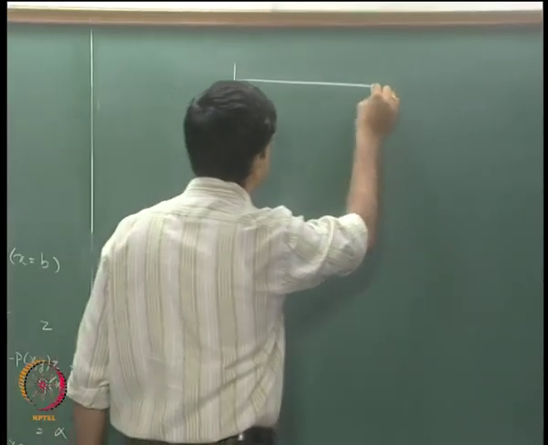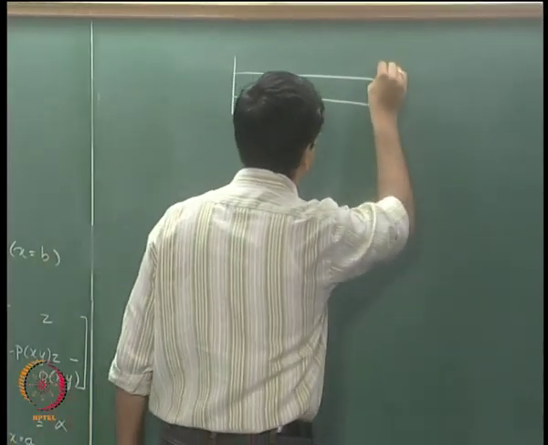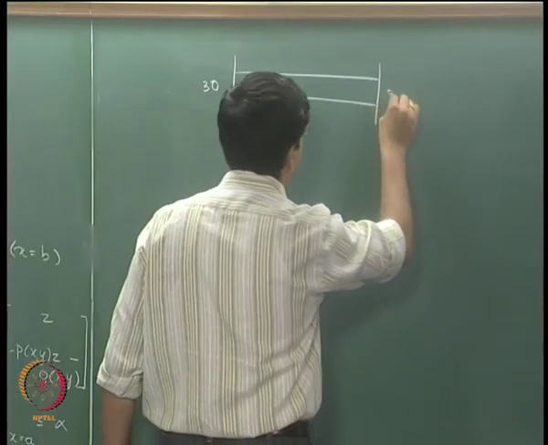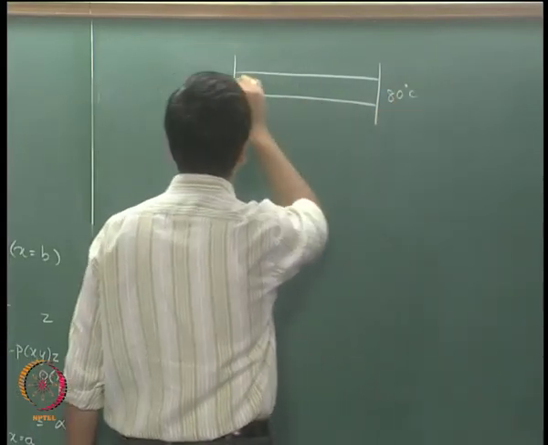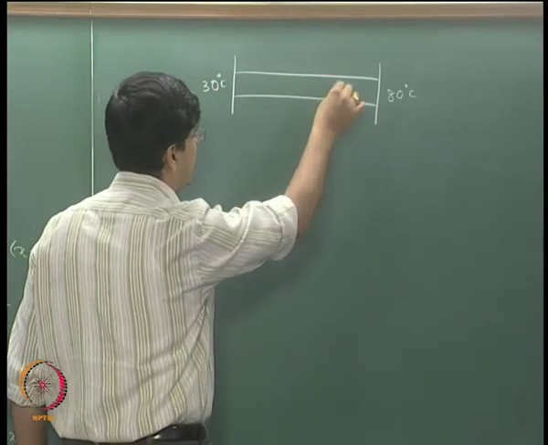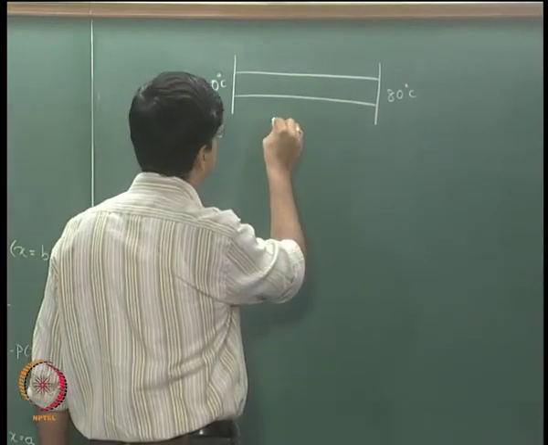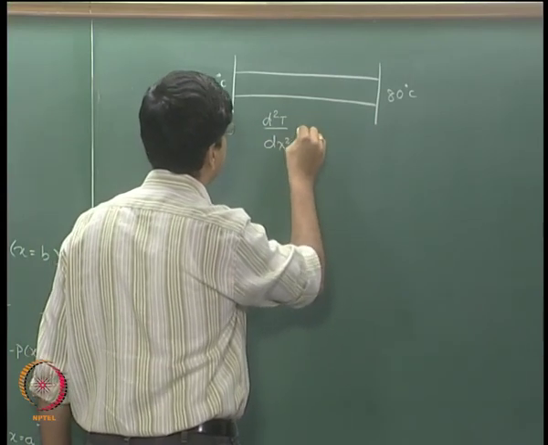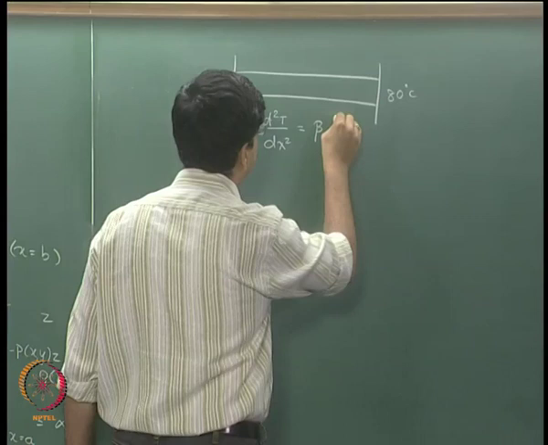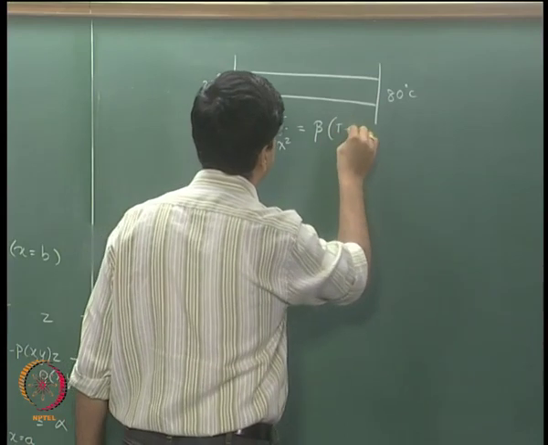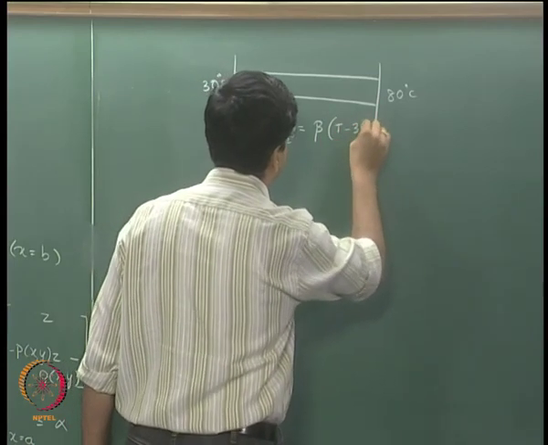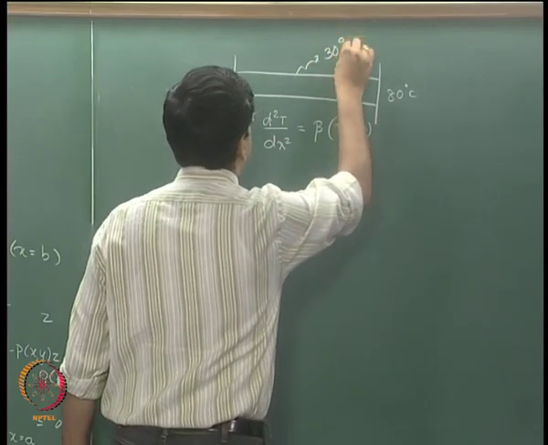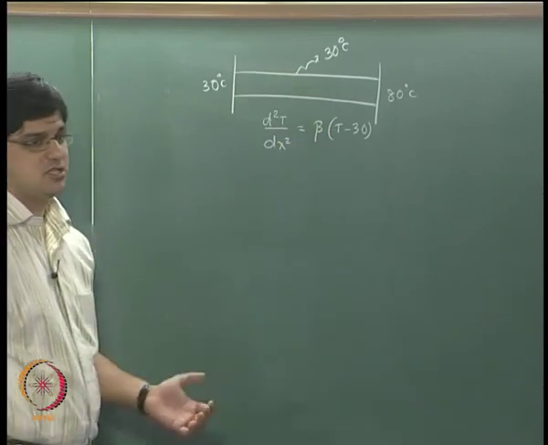So what we had said is there was this rod with this end kept at 30 and the other end kept at 80 degrees Celsius, and the overall governing equation in this system was d square T by dx squared equal to beta multiplied by T minus 30, where 30 degrees C was the temperature of the ambient.